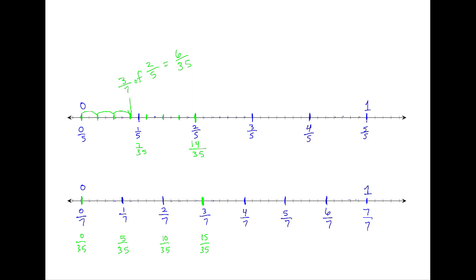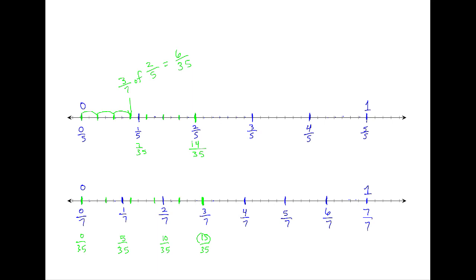If I want to divide this into 5 equal pieces, I go 3/35 per piece. So here is 1, 2, 3, 4, and 5.